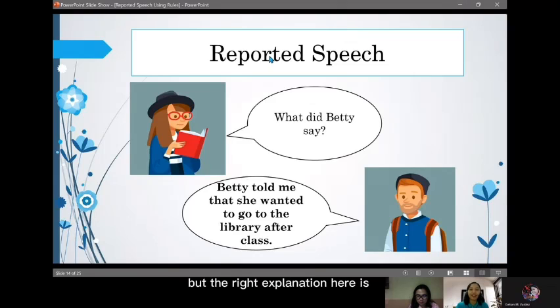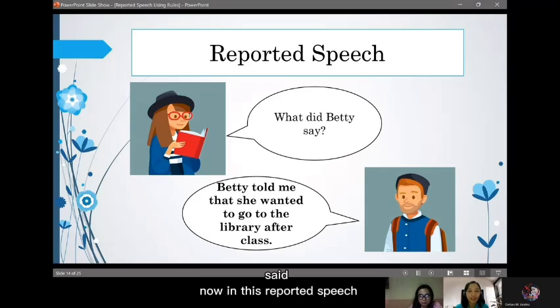That's almost close, but the right explanation here is, in the previous examples of reported speeches that we have tackled, we used the reporting verb. What was the reporting verb that we were using? Said po. Said. Now, in this reported speech, what is the reporting verb that we use?